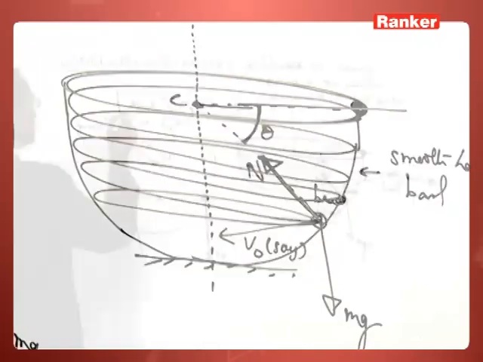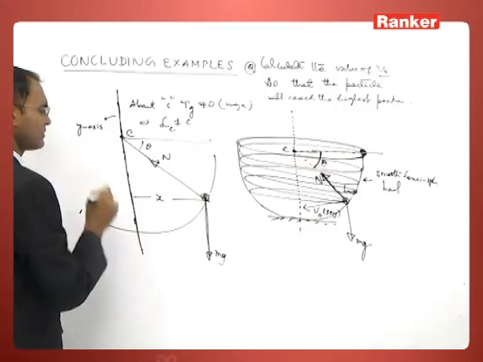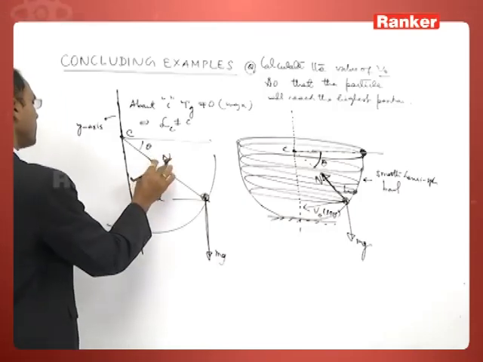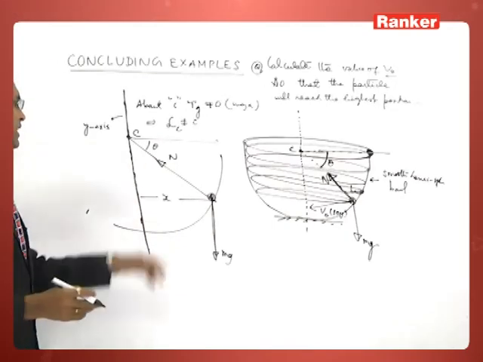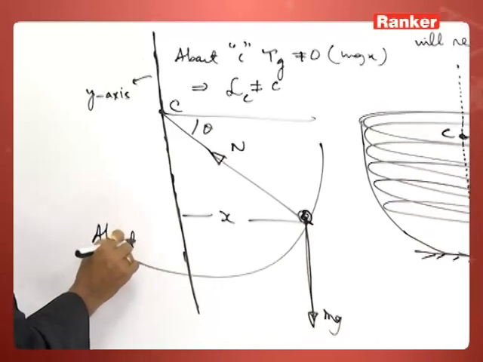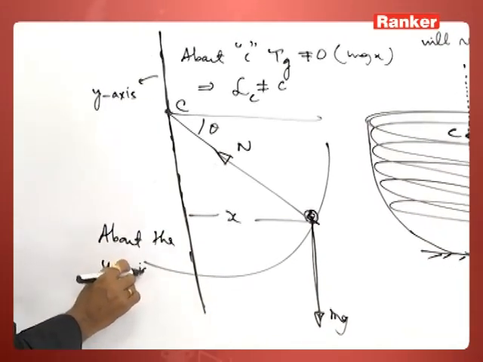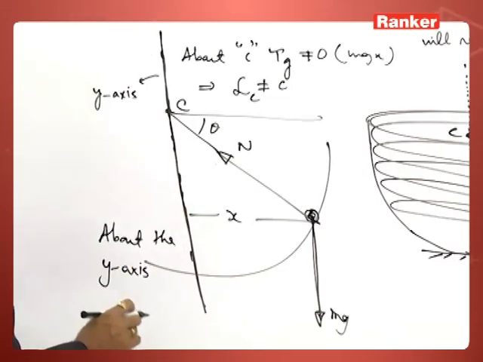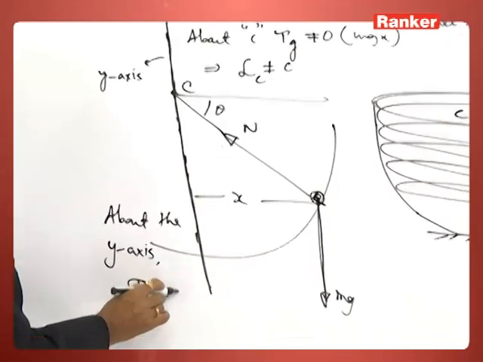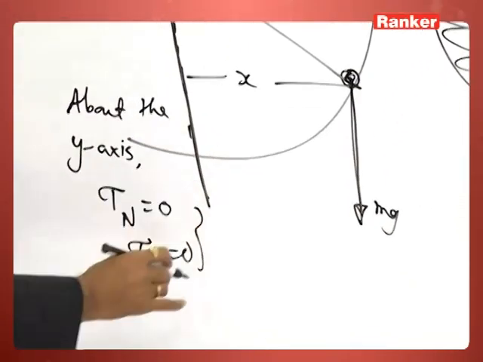If you take any point on the axis or about the axis, the torque produced by the normal reaction is 0. About the vertical axis, the y axis, torque due to the normal reaction is 0 and torque due to gravity is 0. Why?